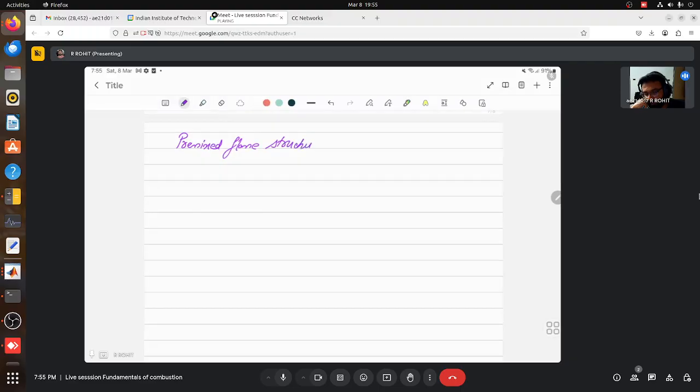By flame structure what we mean is the properties or the different parameter values, how they change as you progress through a flame.